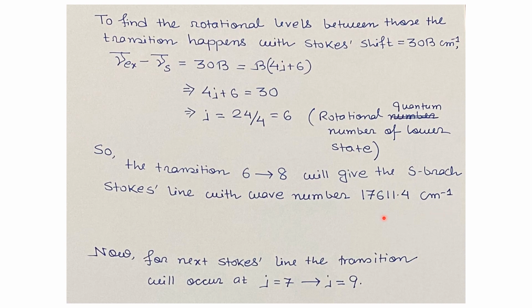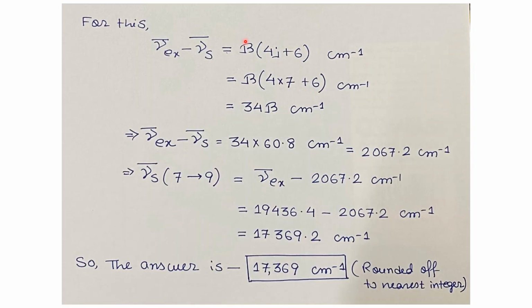So the next possible Stokes line, the transition will occur at J equals 7 to J equals 9. Now we'll calculate the same thing for the transition from J equals 7 to J equals 9.